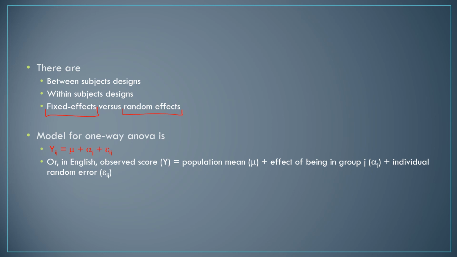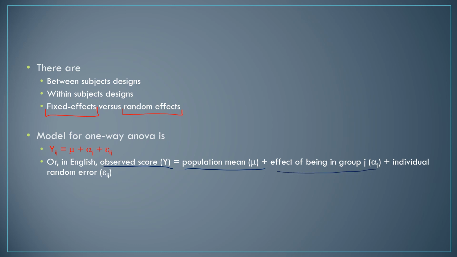For any of these one-way ANOVAs, you have your equation here where your Y is your observed score. So it's looking at your observed score equals this population mean, which is what we're striving for, and is usually calculated based off of the expected values. And you have the effect of being in the group.